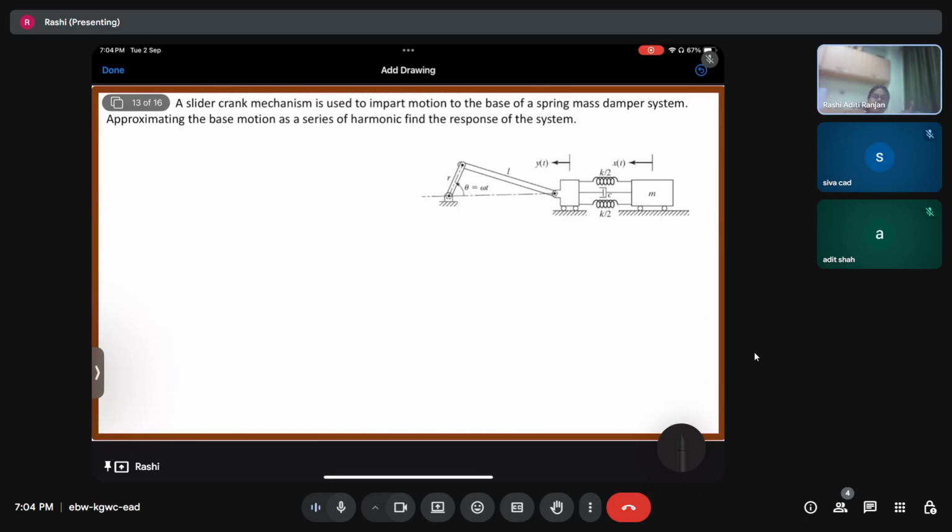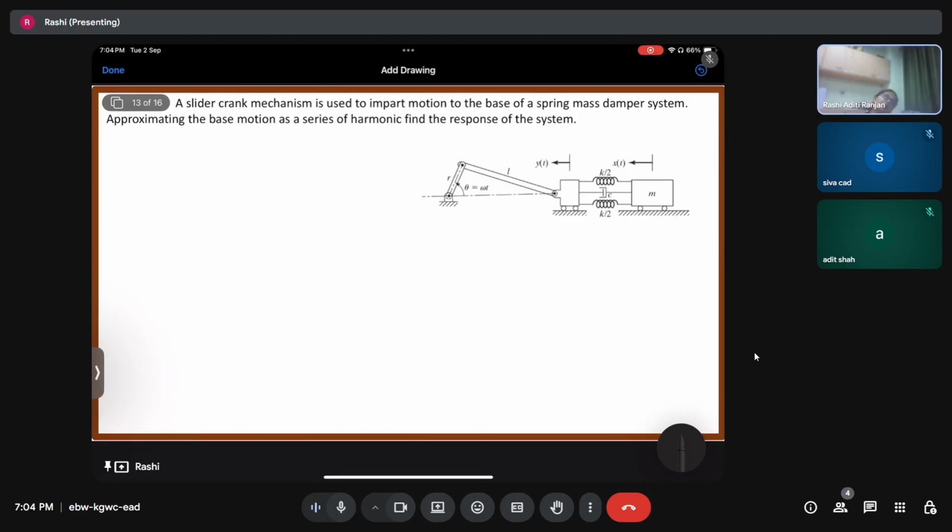So we have a spring mass and dashpot system connected to a base, and that base is oscillating depending upon the movement of the slider and crank.